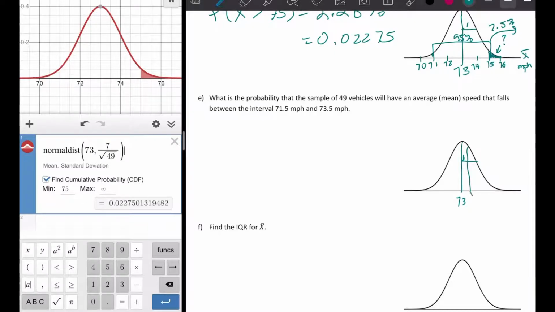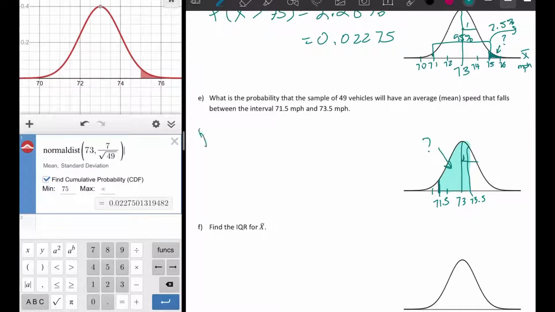If I go down one standard deviation, that's 72. Go down another one, that's 71. So 71.5 is between those, right here. And then let's color this in. All right, and I'm looking for this value.